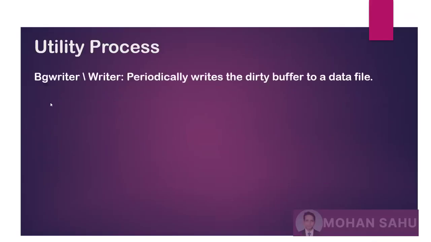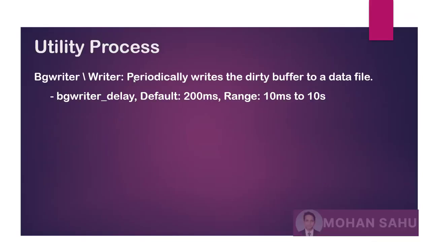And now we have a few more utility processes, that is BGWriter. We have already seen that it will periodically write the dirty buffers to a data file. There are a few parameters related to this BGWriter process. The first one is bgwriter_delay.